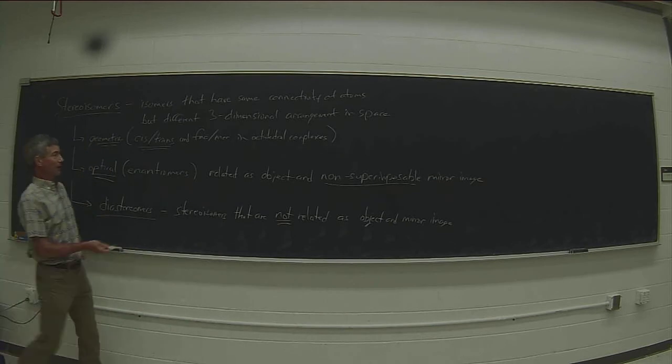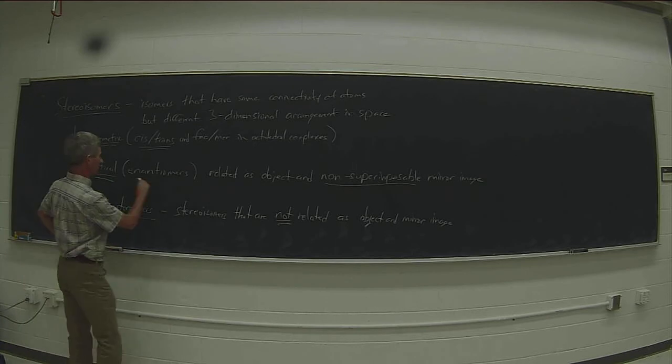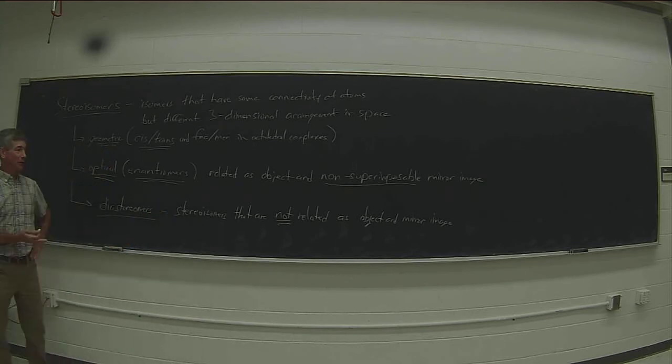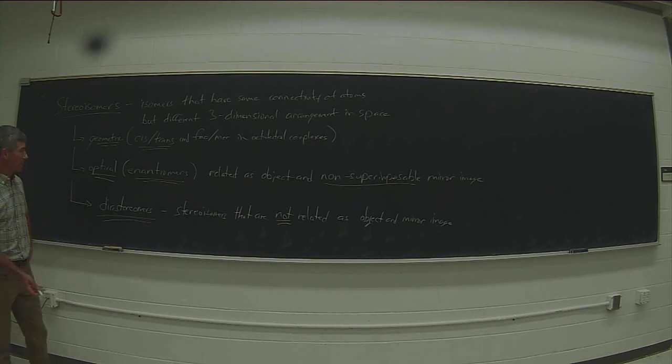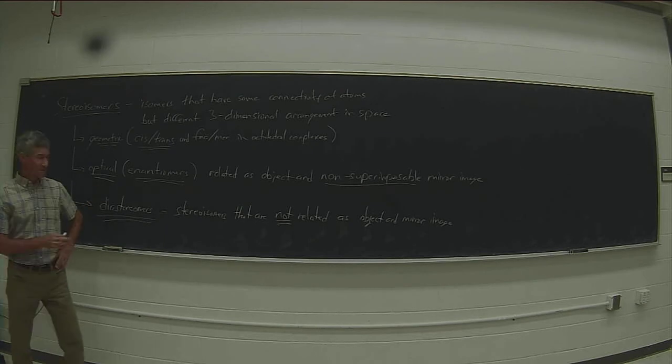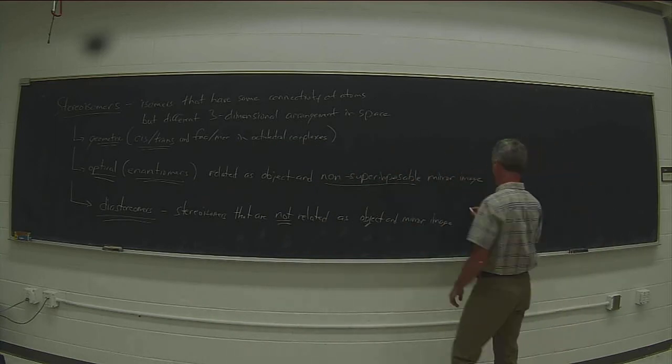So if they're related as object and mirror image, but they're not superimposable, they're enantiomers. And if they're not related as object and mirror image in the first place, obviously then they're not superimposable, so they're diastereomers. Geometric isomers are all, strictly speaking, diastereomers, but we generally reserve the term diastereomer for molecules that have what we call chiral centers.